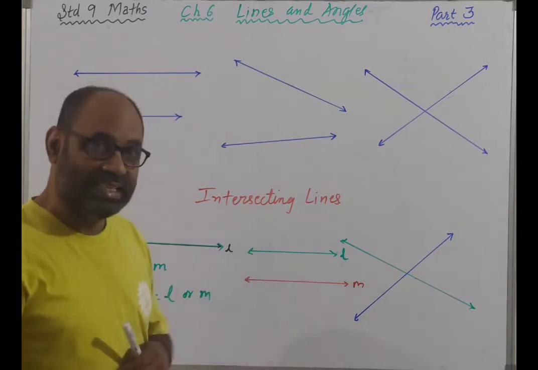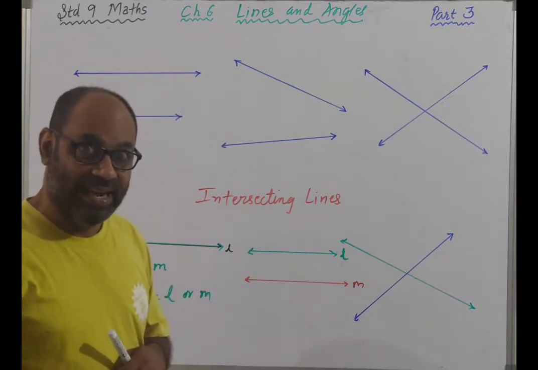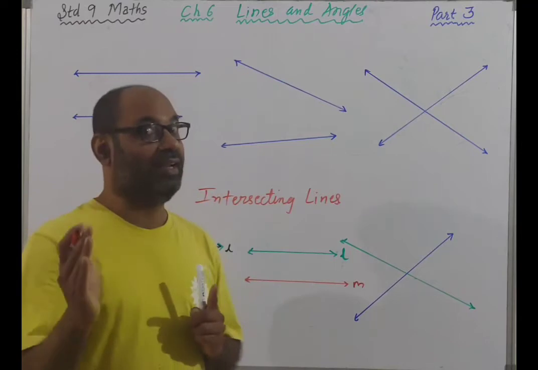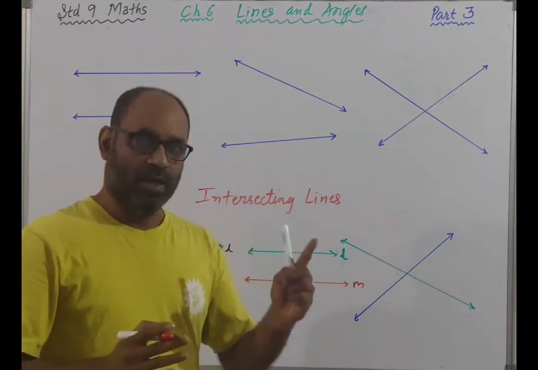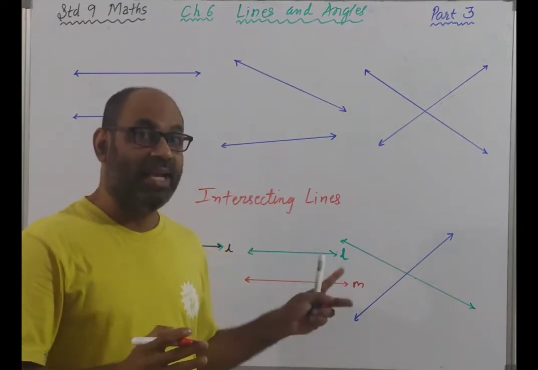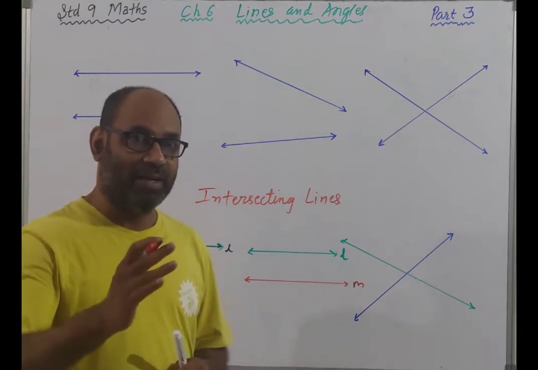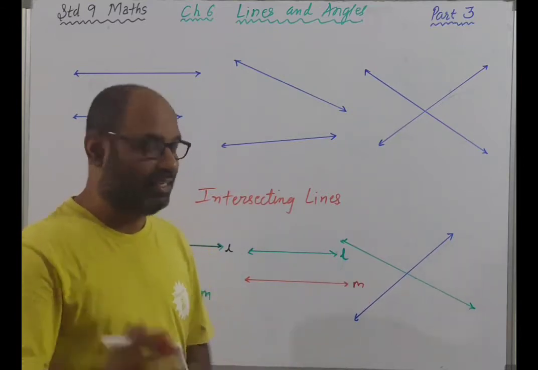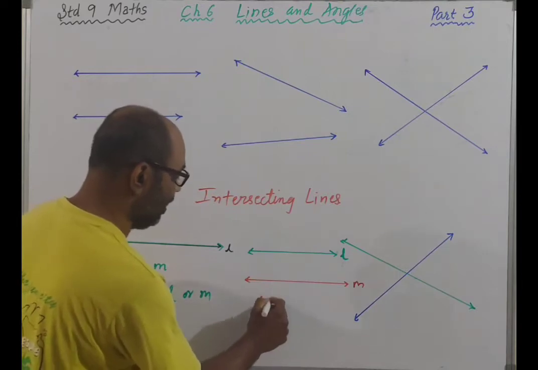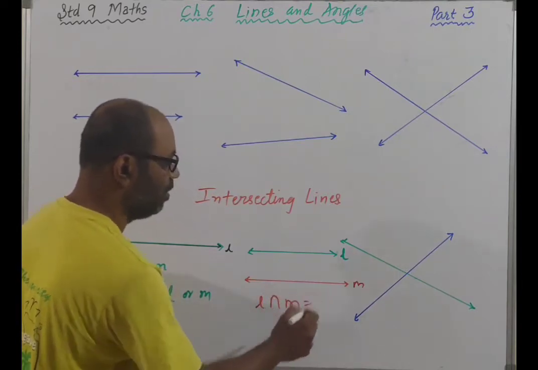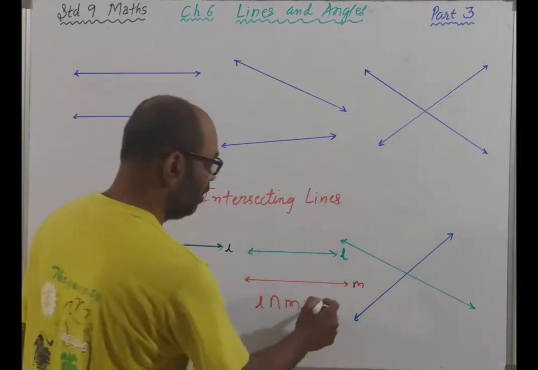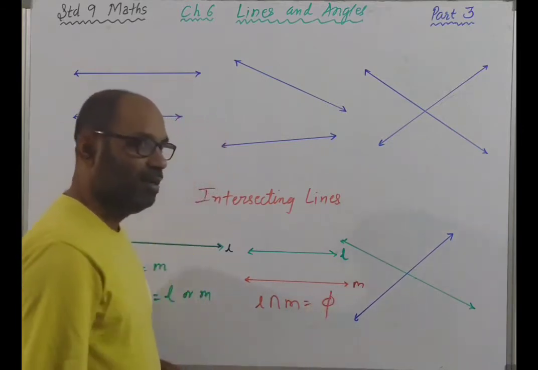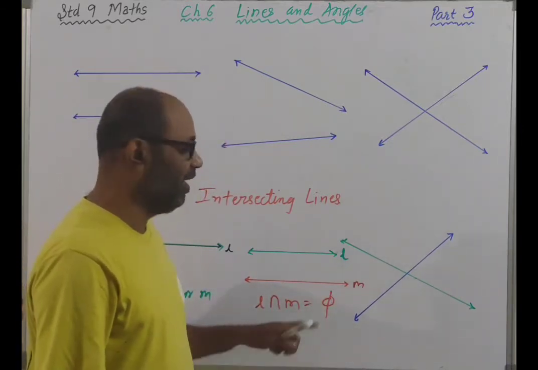Will they ever meet each other? Will they intersect? Meet means intersect. The literary word is meeting, the lines meeting each other, and the mathematical word is lines intersecting each other. Here L intersection M is the null set. It means they are not intersecting, no point.